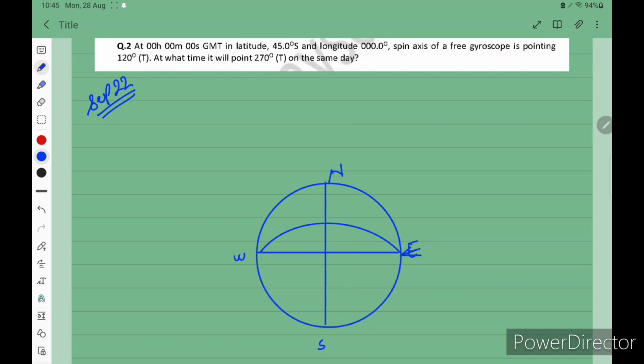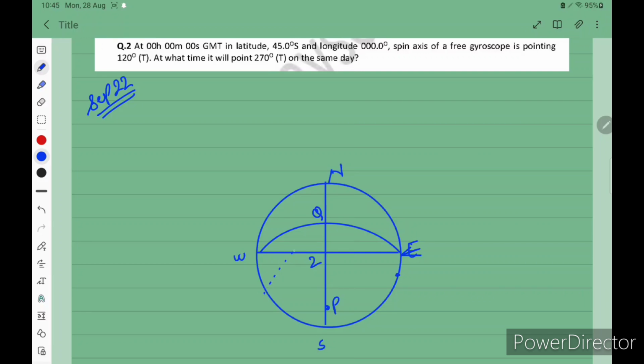Since it is south latitude 45 degrees, the pole will go there. So P is the pole, Z is the zenith, and this is the equator. So first it's pointing 120, so this is 90, so 120 is somewhere here.